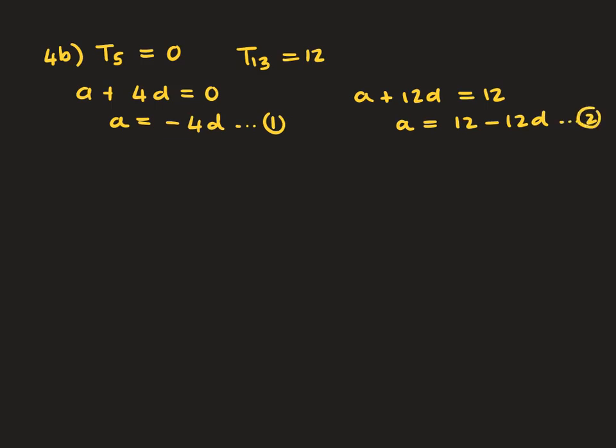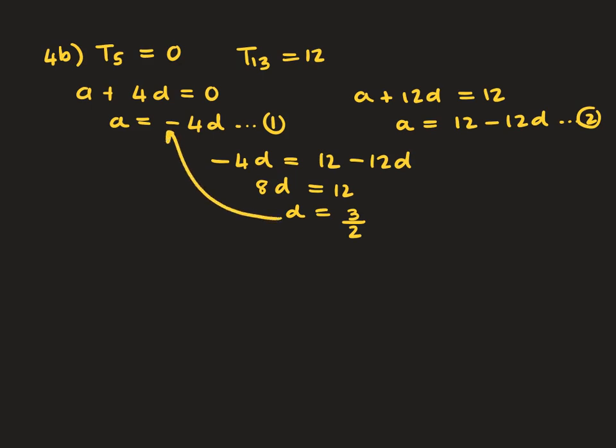So at this point, I'm literally just going through the motions, right? This is what we've now practiced several times, finding d first by making a the subject of the formula. We get that 8d is equal to 12. So d is going to be 12 over 8, which is 3 over 2. I'm then going to sub back into here so that I can find a.